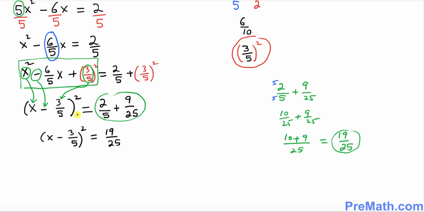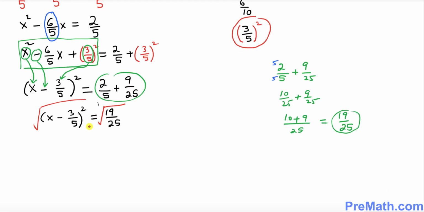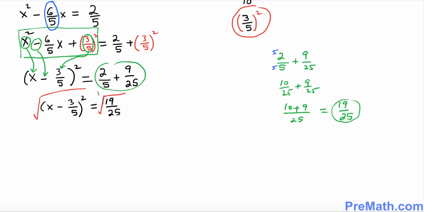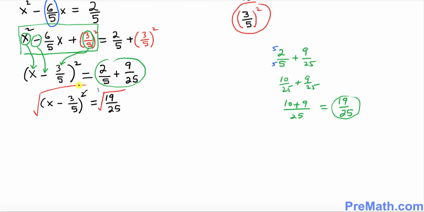So the next thing is we want to solve for x. So we must get rid of this square. By doing that, we must take the square root on both sides. So what happens is this square and square root are gone, they undo each other. We are left with x minus 3 over 5 equals positive or negative.